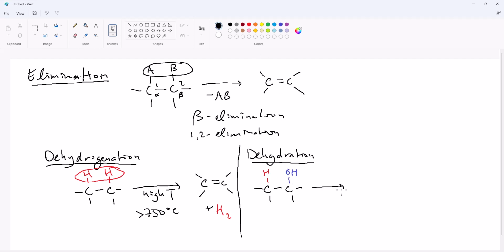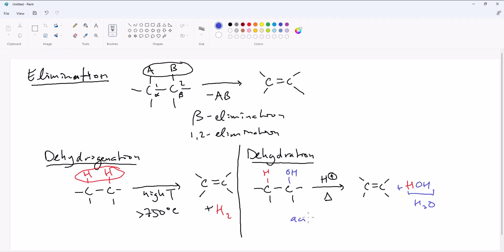Upon addition of acid, and I'll just write H plus for this case, and heat, we are left with the alkene, same as before. In this reaction, we've coupled H and OH, and if you do the math, you'll see that this is just water, H2O. So you lose water. This is why it's called a dehydration. You've lost water, and you've generated an alkene.